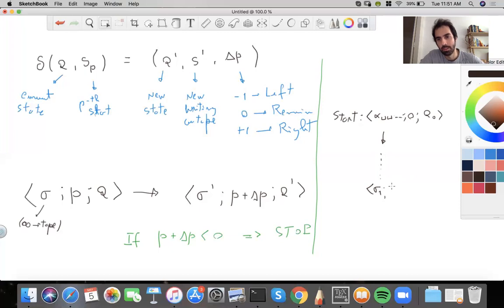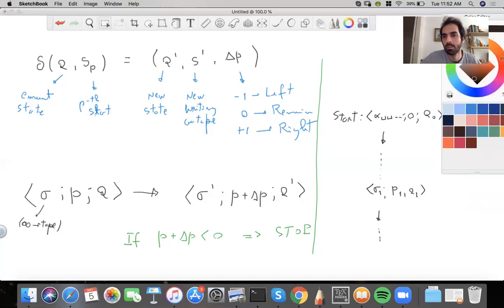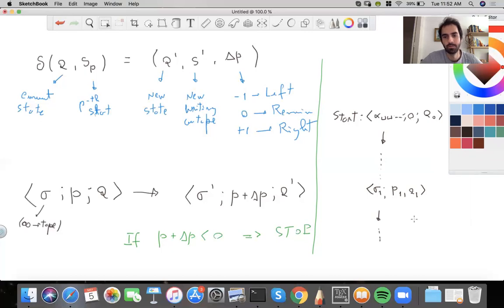You end up in slot P1 with a state Q1. And then at some point, if either of these things happen, you stop.